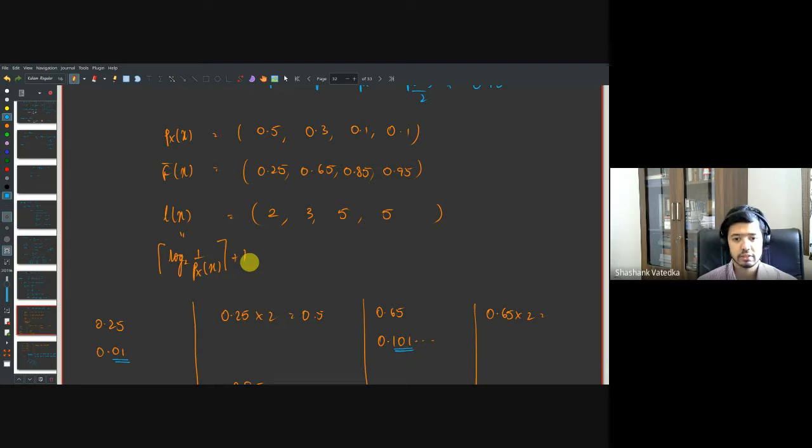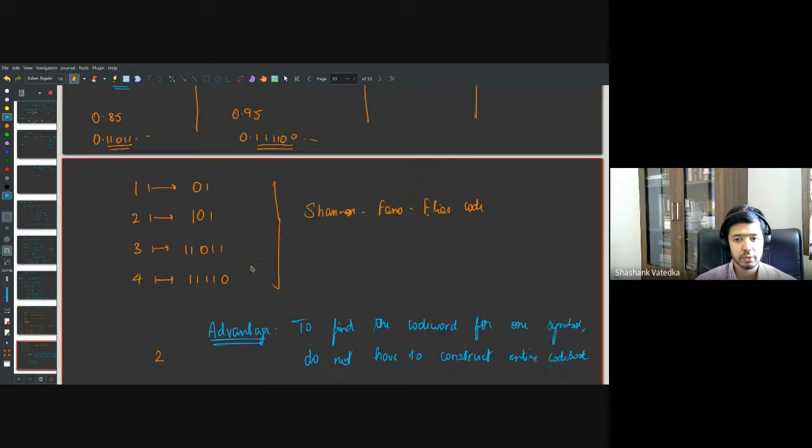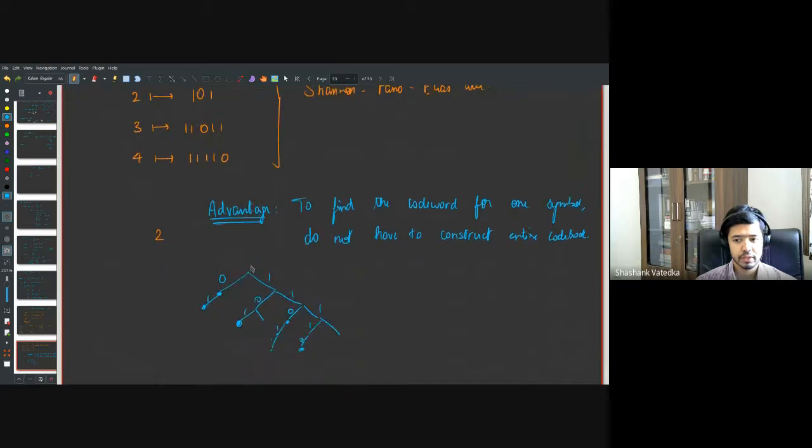This is a price to pay, but the advantage you gain is in terms of computational complexity. For small alphabets, this is not good. It's clearly not a good code construction. But we'll see that when we want to construct code words for sequences of symbols, we can do it on the fly. And in that case, the gains that we will get are going to be huge.